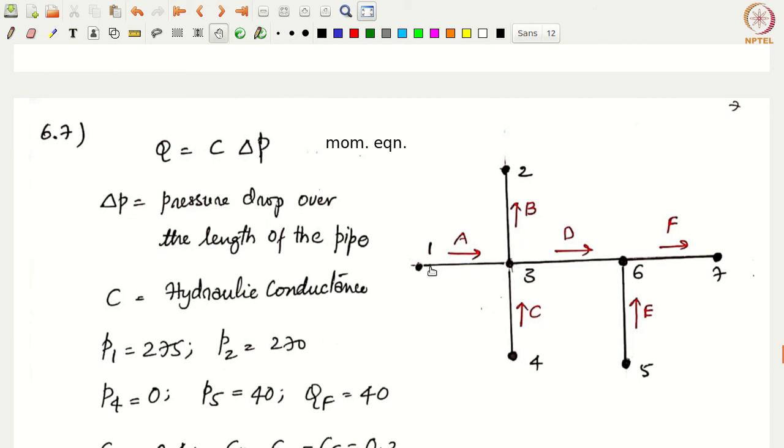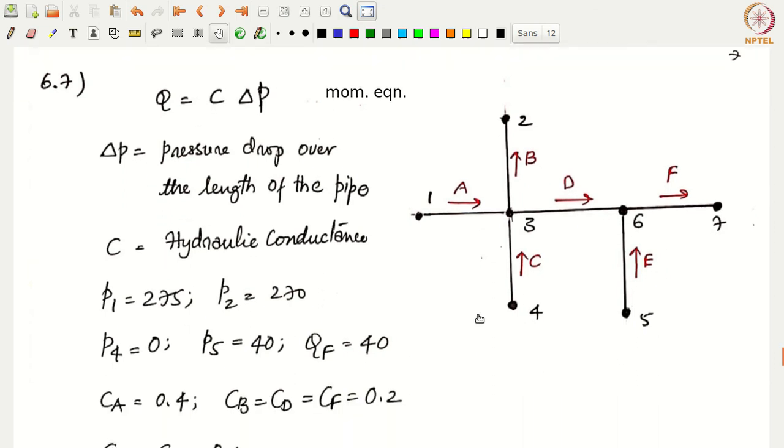That means 1, 2, 4, 3, 6, 5, 7, right? But we don't have to apply at 1, 2, 4, 5 because those values are already given. So we need to apply only at 3 and 6, and at 7. But at 7 we don't have to apply because the flow rate is already given. So that is flowing in. So we need to apply continuity equation at 3 and 6.